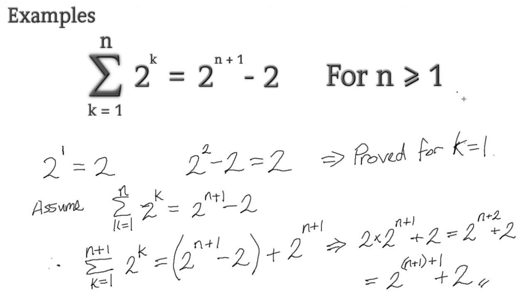Then you should be able to complete the induction. If you don't write that sentence down and you just end it here, it's not gonna be sufficient. So let's go on to the next example where we prove for divisibility.